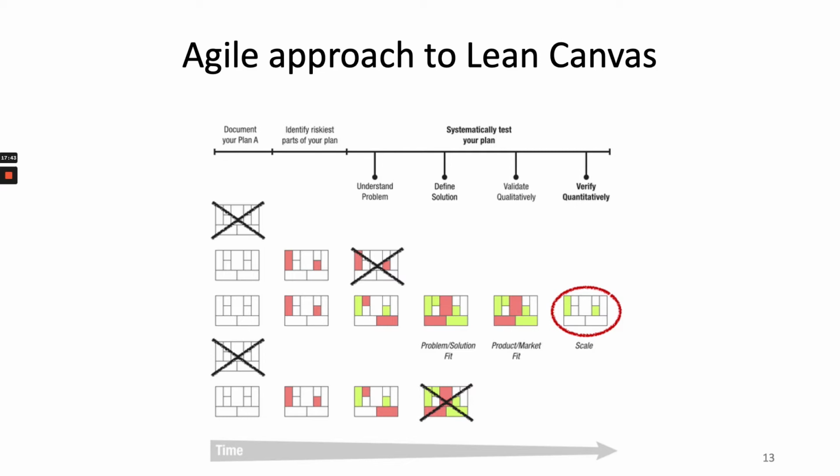The thing is, agile is the center of the lean canvas methodology, and lean canvas, which I'll explain later on, is a way you can develop your business idea, but you do it by the agile approach.